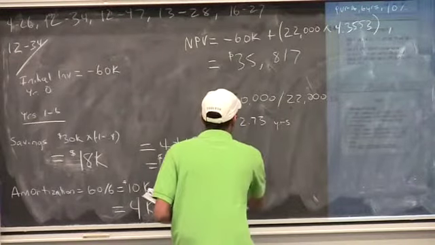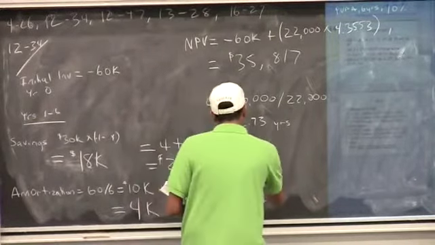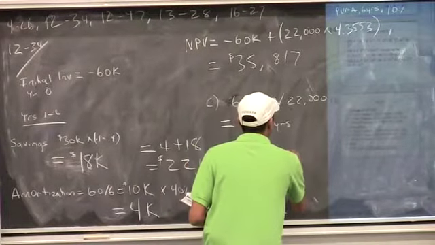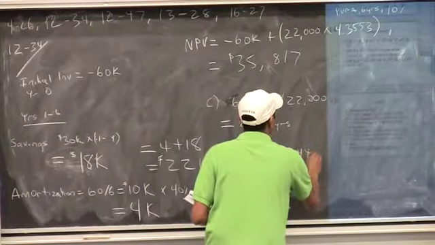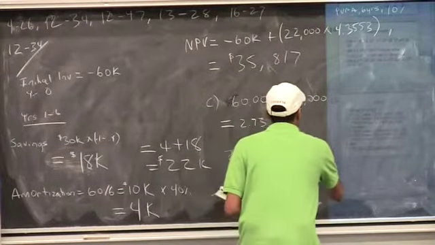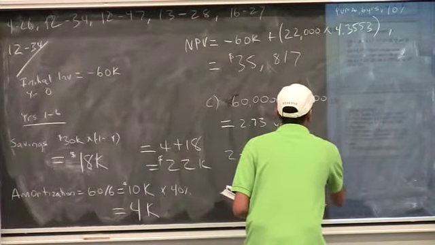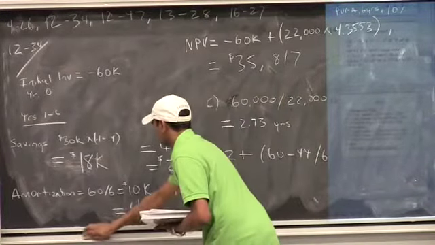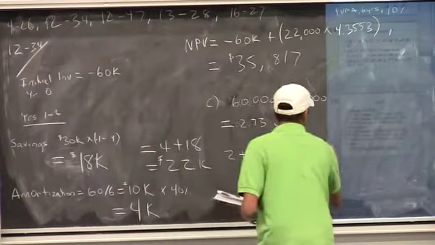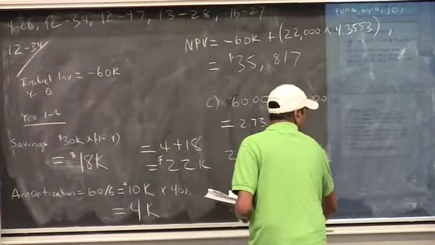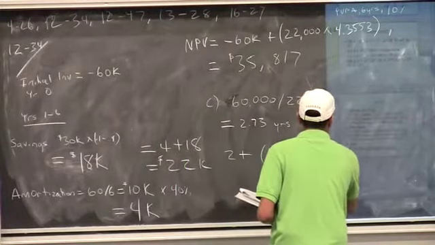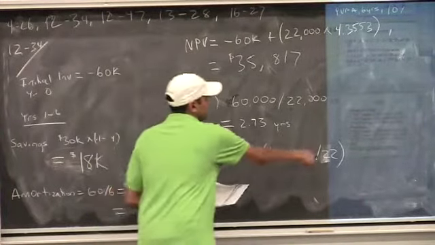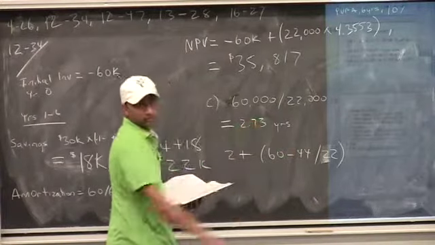So you'd have the 2 years plus 60 minus 44, divided by 22. So that's 16 divided by the 22, and that would give you the 0.73.